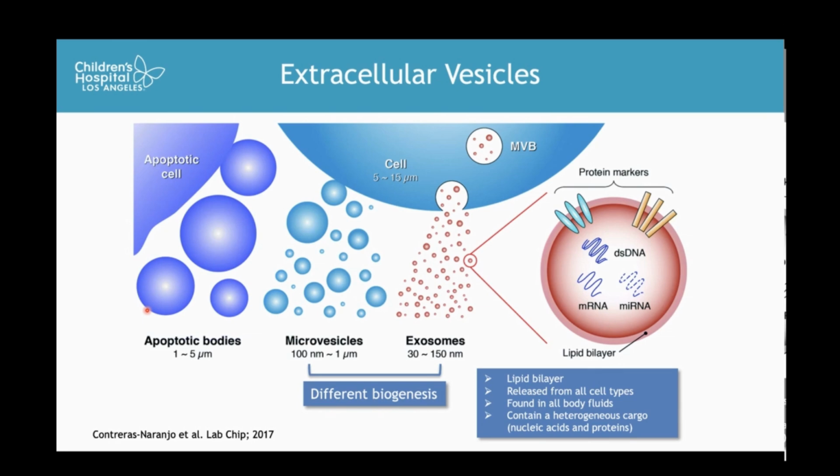The larger extracellular vesicles are the apoptotic bodies, which I will not spend any time talking about here, because the core lab actually focuses on these two categories, which are microvesicles, loosely defined as vesicles with a size between 100 nanometers up to a few microns, and exosomes, which are smaller vesicles, also loosely defined as vesicles between about 30 to 150 nanometers.